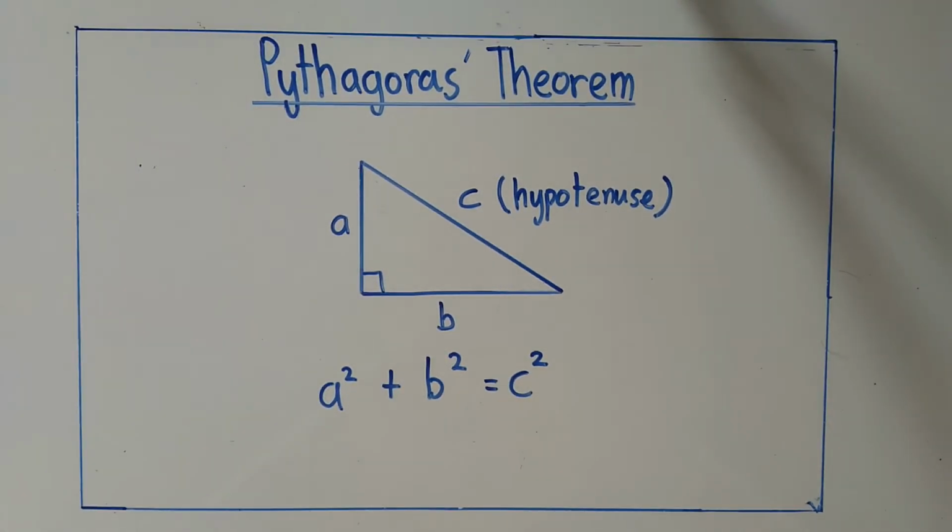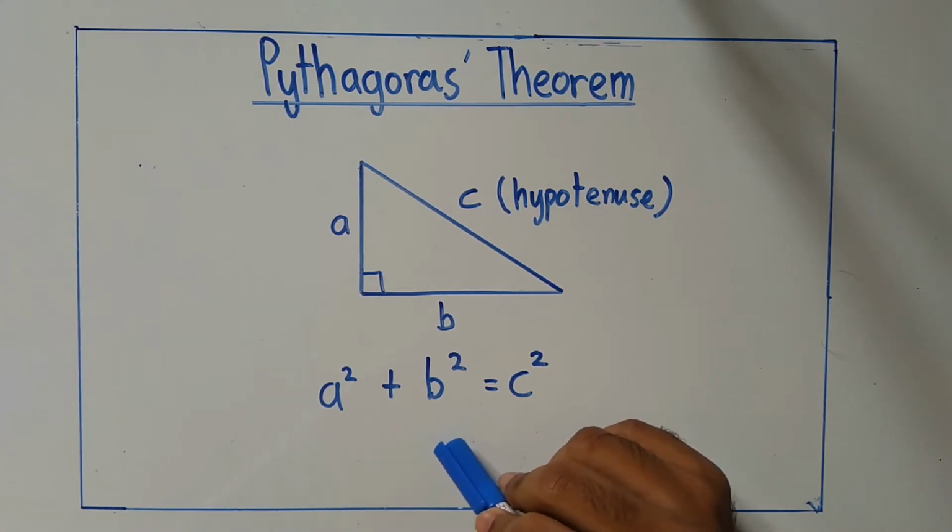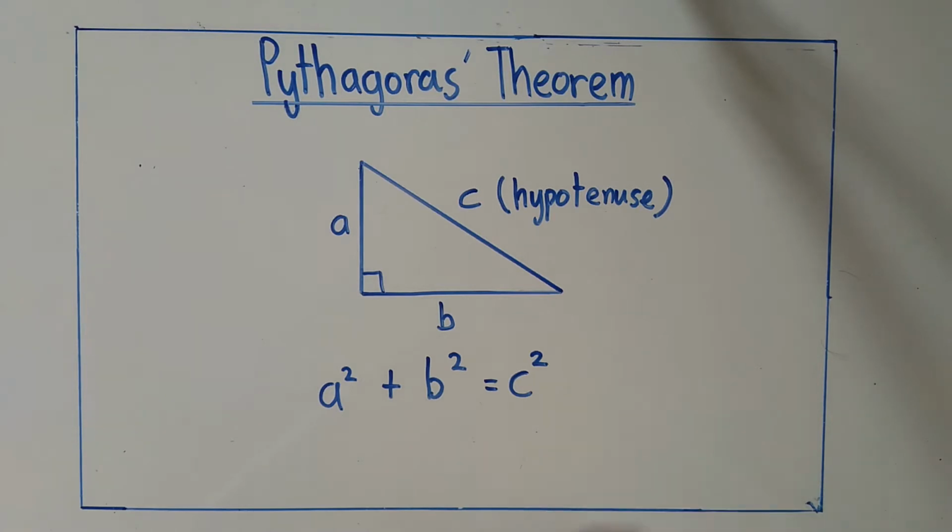The formula for the Pythagoras theorem is a squared plus b squared equals c squared. Remember, this formula is only valid for right-angled triangles. It will not work for any other triangles. Let's look at some examples.